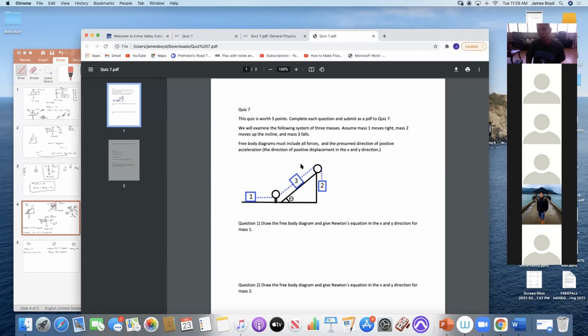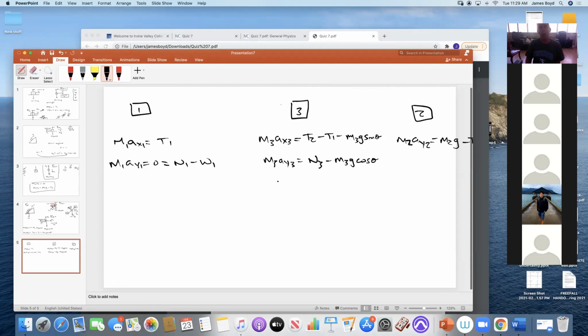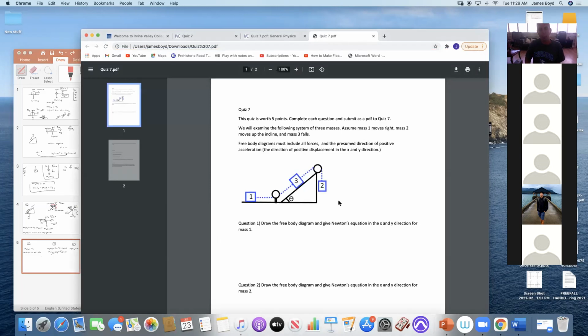But there's no reason to believe that the tension here and the tension here are equal. Okay, got it. They're different third law pairs. And in fact, you can see what we're actually going to do is, since we're throwing away this equation, you'll see what I'm doing in a minute.